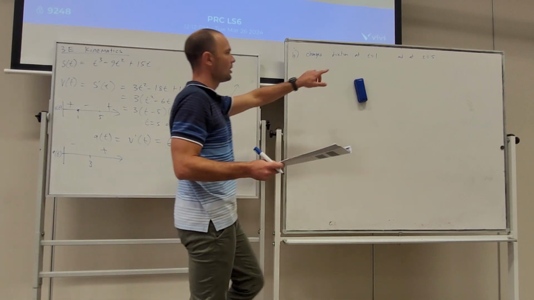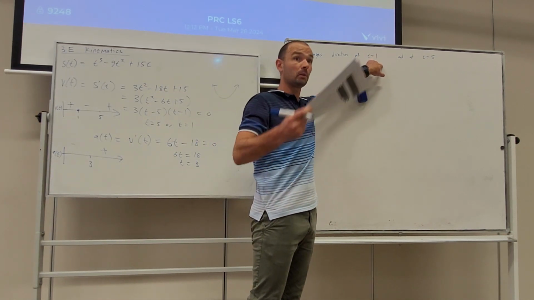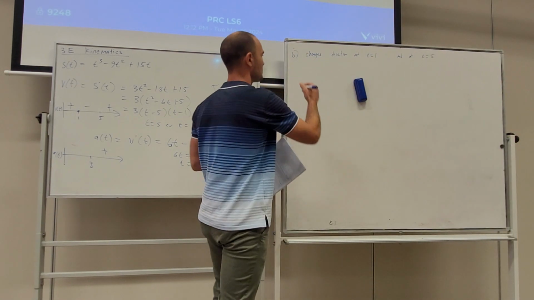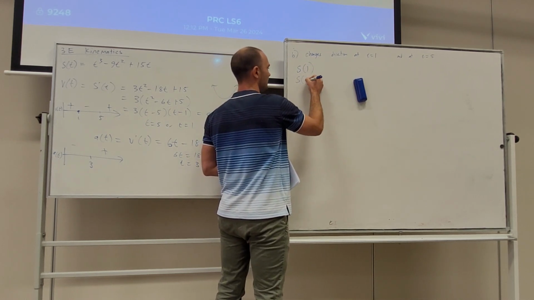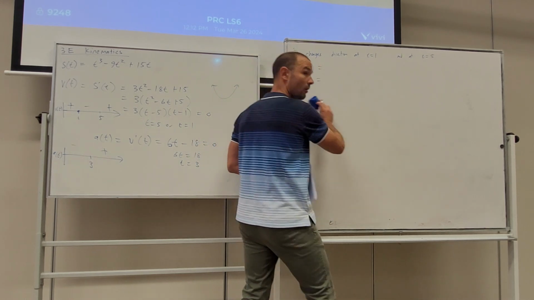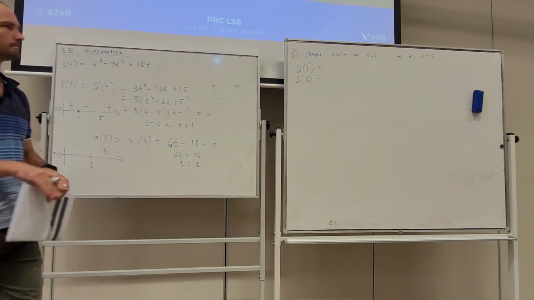We've got the time. We want to know the position, the displacement. Where is it when it changes direction? So we want to know the displacement when time is 1 and the displacement when time is 5. For now, all we would have to do is evaluate that. I'm going to leave that for now until I've got it graphed up and I can just G-solve all those things at once.